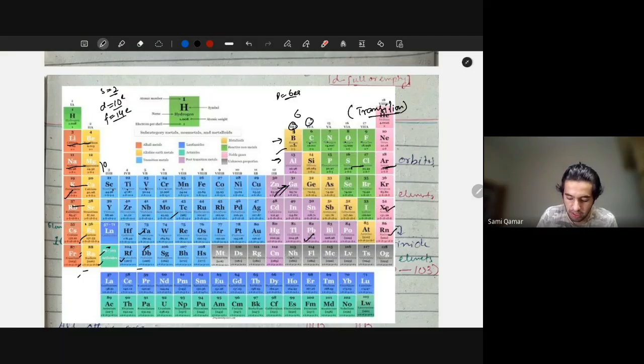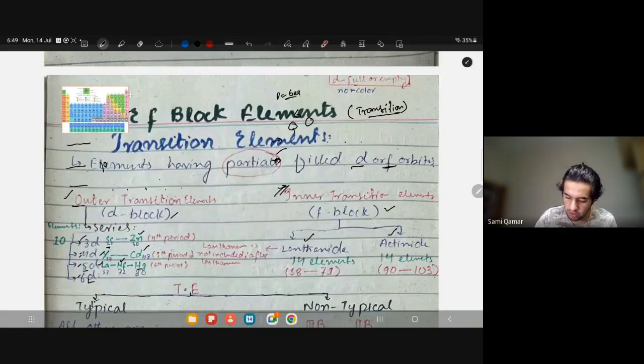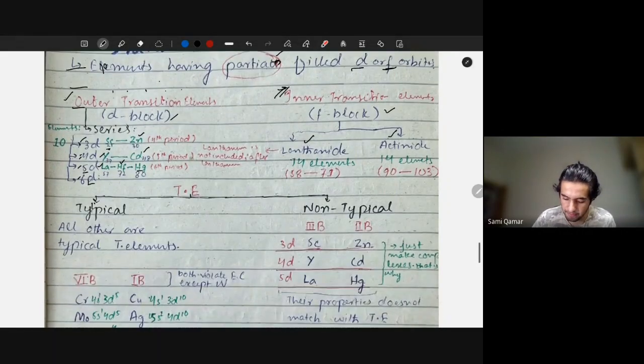So the lanthanide series contains 14 elements, and the actinide series contains 14 elements. This is so cool, right? Okay, let's hide it. Lanthanide and actinide are done. Their atomic numbers go from 58 up till 71, and then 90 up till 103.